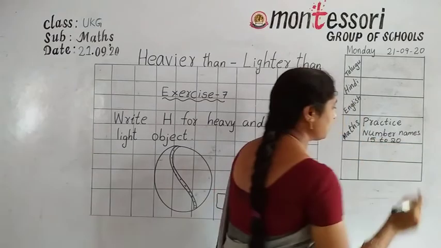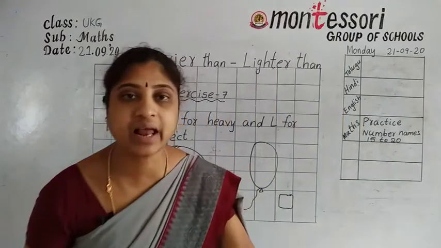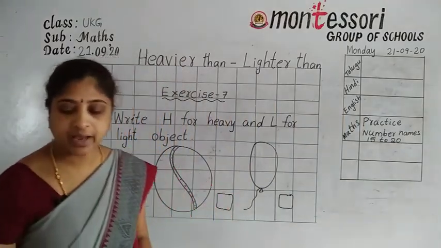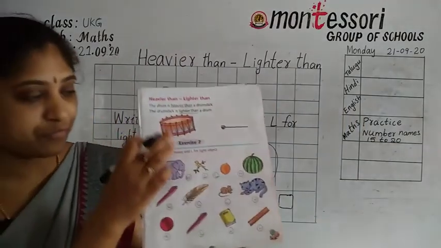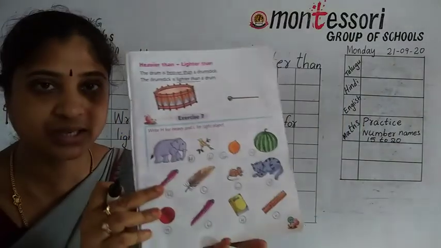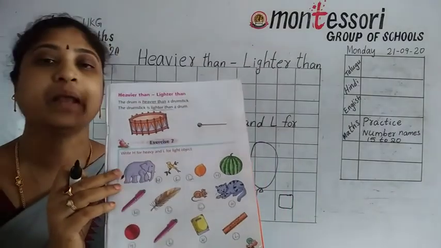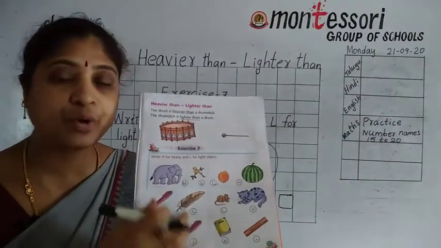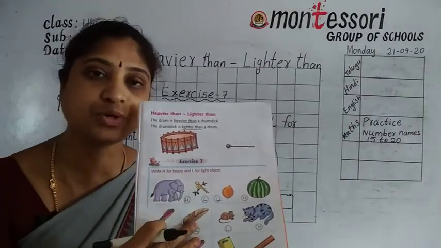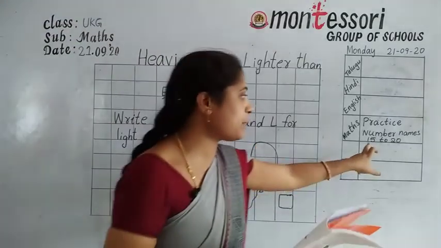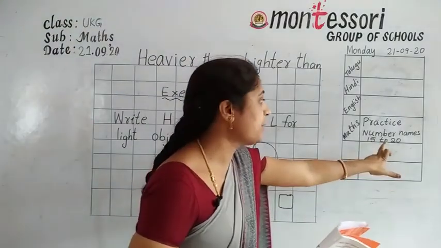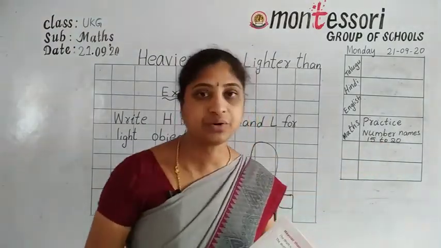Practice in the rub book. Where do you practice? In the rub book. Now the test book, this one. After finishing, post to your class teacher. This one and your classwork, maths notebook, test book, notebook. Diary work: practice number names 15 to 20 in the rub book.